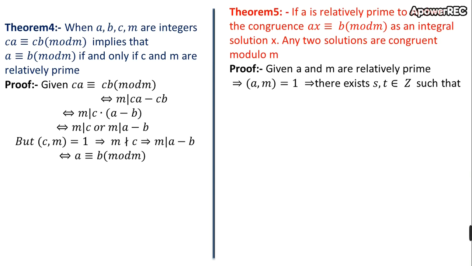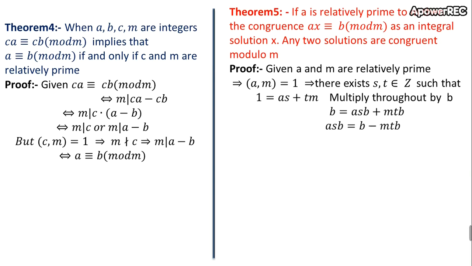Given A and M are relatively prime, that means GCD of A and M equals 1, which implies that there exist two integers S and T such that 1 equals AS plus TM. Multiply this equation throughout by B, we get B equals ASB plus MTB.